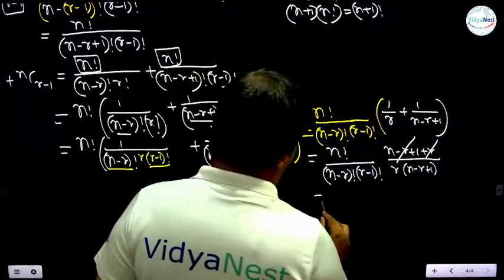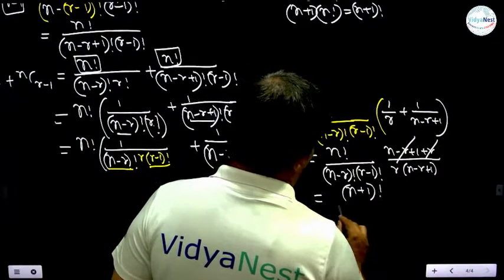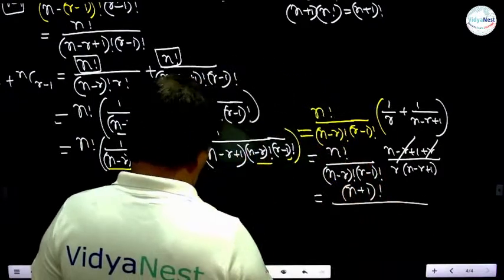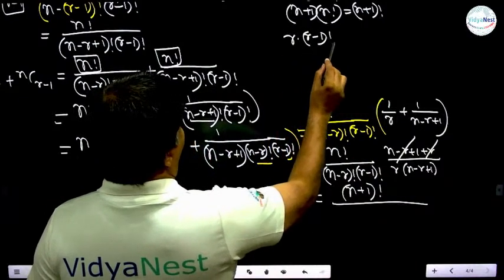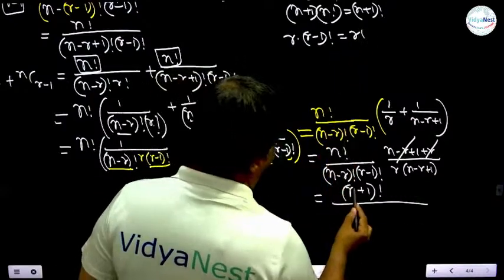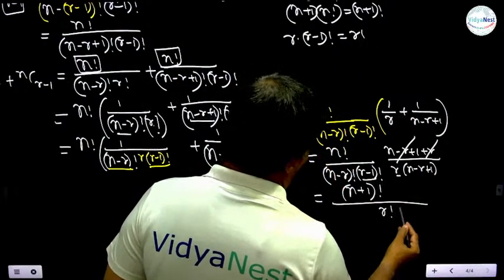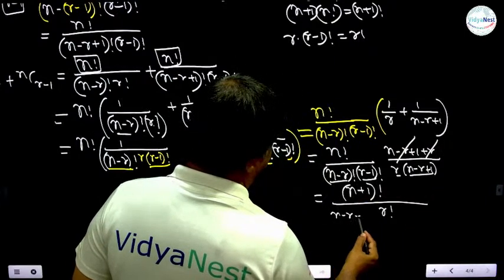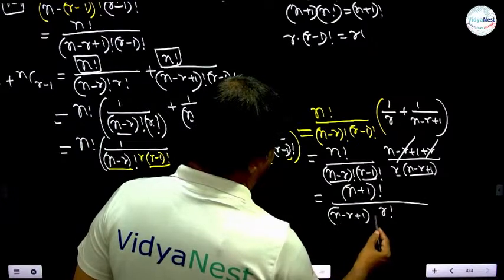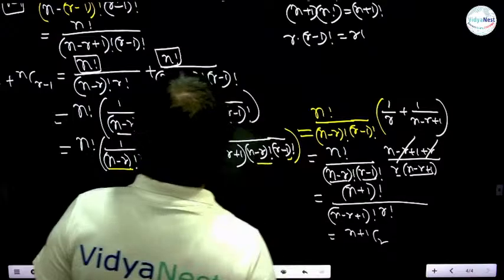So, in the numerator I can write n plus 1 factorial. Similarly, you see r into r minus 1 factorial is factorial r. So, r into r minus 1 factorial gives factorial r, this into this. So, I can rewrite this with n plus 1 here.